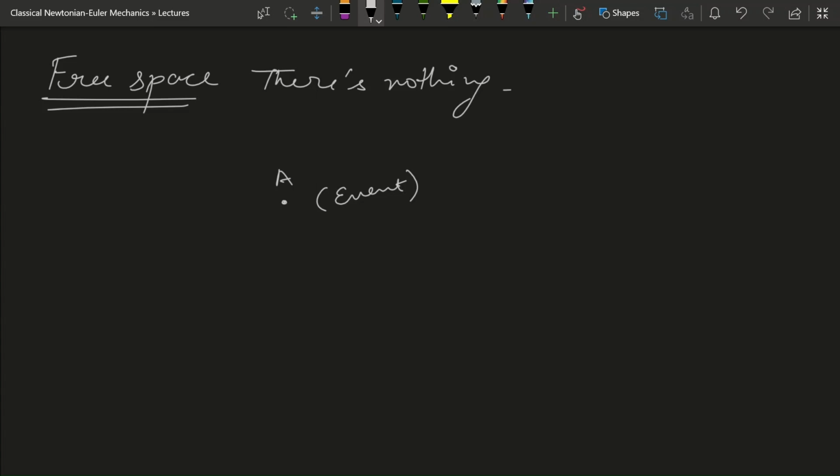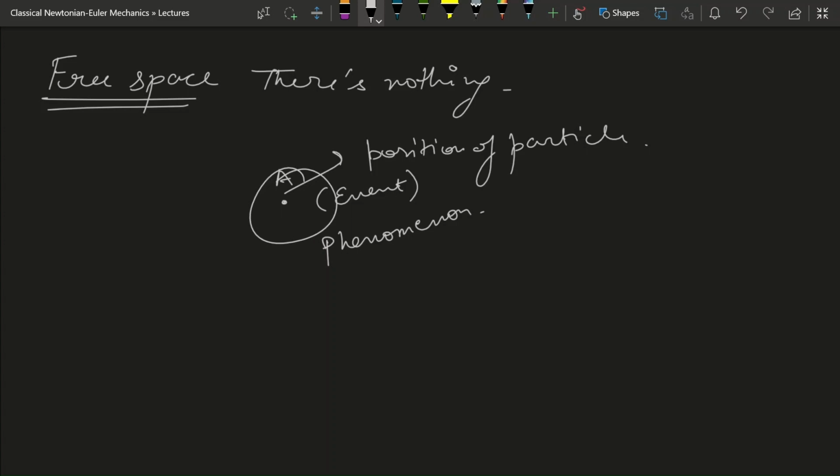This can be anything. Suppose a phenomenon occurring, like the Big Bang itself, or it can be the position of a particle, planet, anything, but it is a single location.